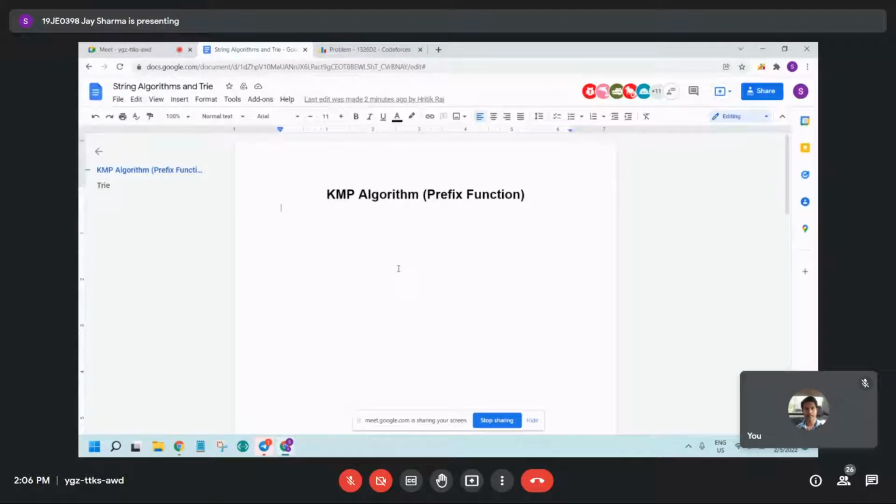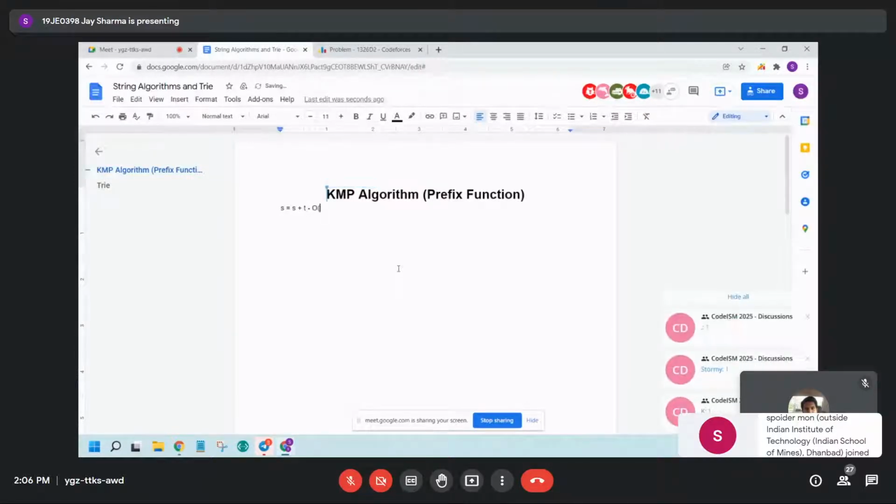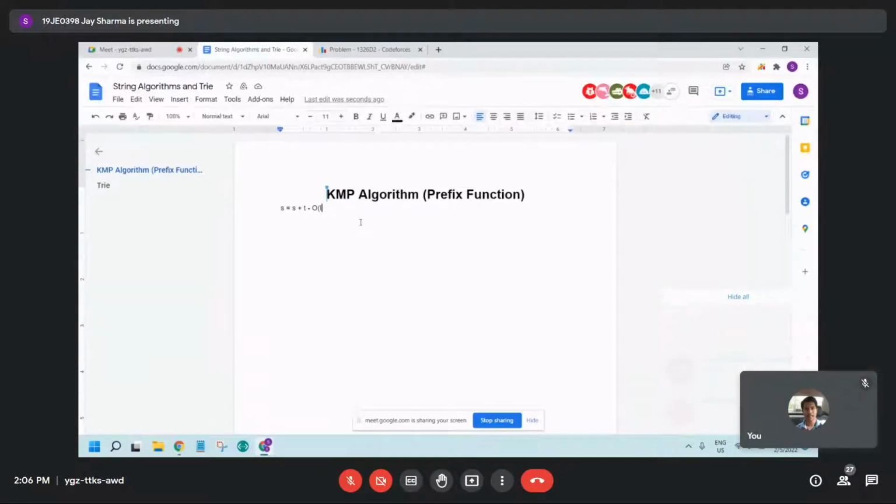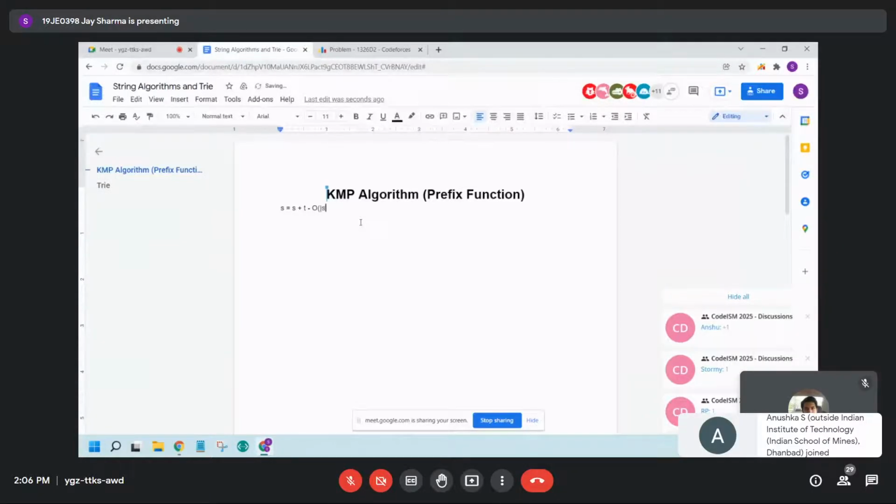For example, if I write s = s + t, the complexity is O of length of s plus length of t. But if I write s += t, it has a complexity of O of length of t only.